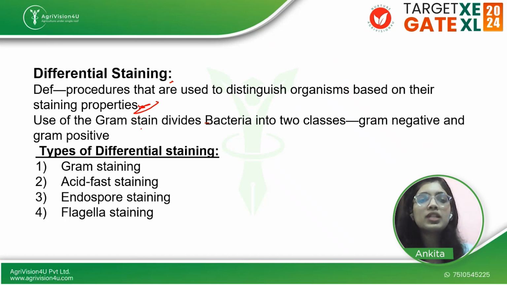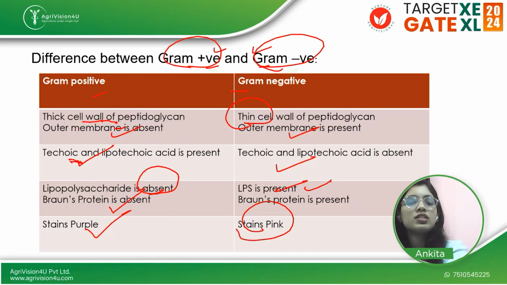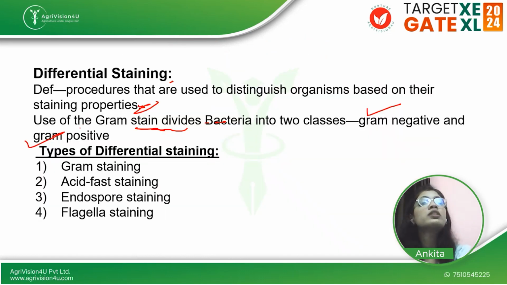So if you use the gram stain, it will divide the bacteria into gram negative and gram positive. This is what we have seen in this slide, the difference between gram negative and gram positive.